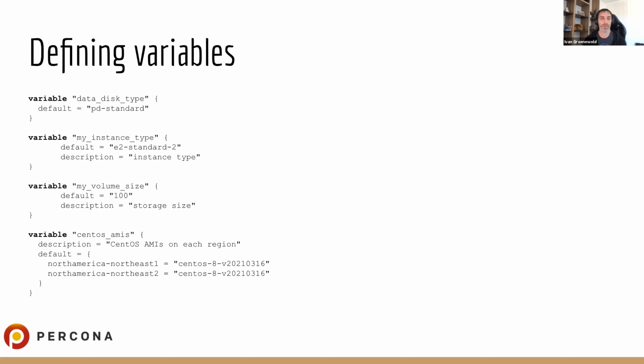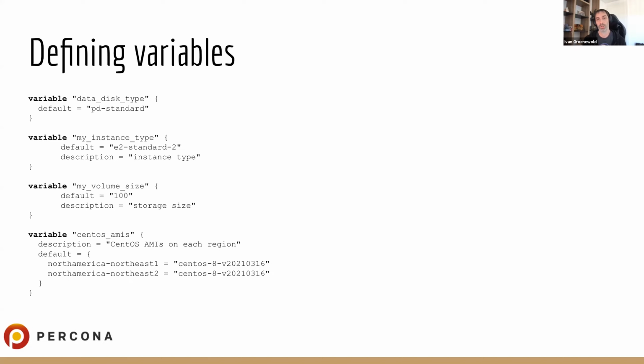We're going to talk about how to define variables first. Input variables are the basics for customizing the behavior without editing the source code. Basically, the label after the variable word is the name, okay? And this must be unique among all the variables that share the same module.